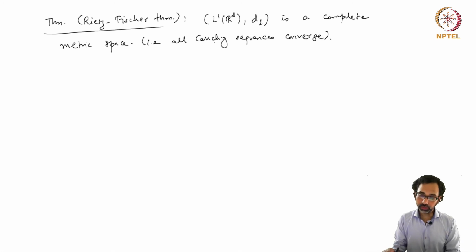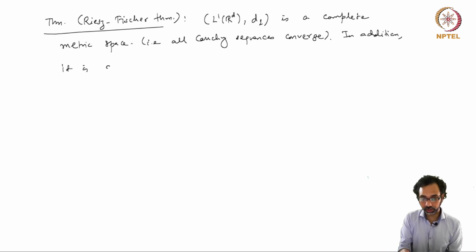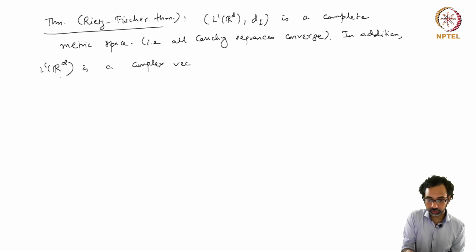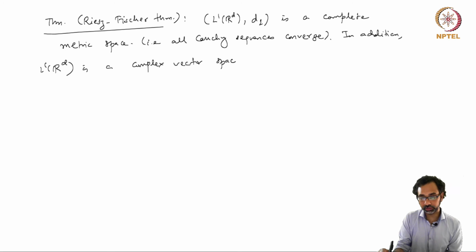So we also know that additions of L1 functions are in L1, and scalar multiplication by complex numbers of L1 functions is also in L1. So in addition to being just a complete metric space, we can say that it is a complex vector space. So here L1(R^d) is a complex vector space which is complete in the L1 norm.